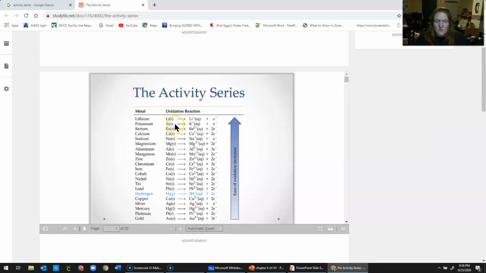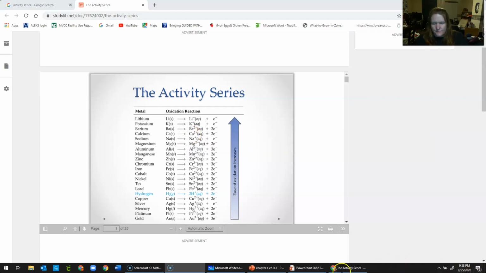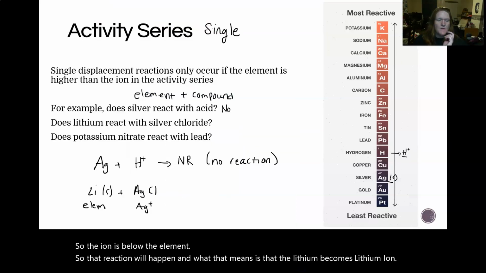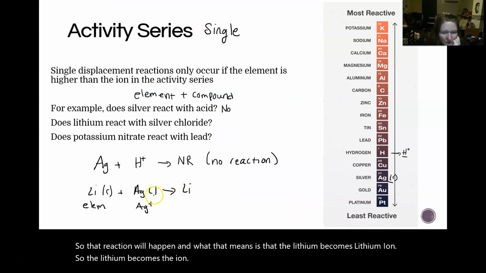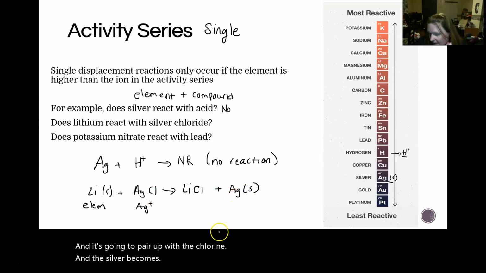So that reaction will happen. And what that means is that the lithium becomes lithium ion. So the lithium becomes the ion, and it's going to pair up with the chlorine. And the silver becomes the element, like that.